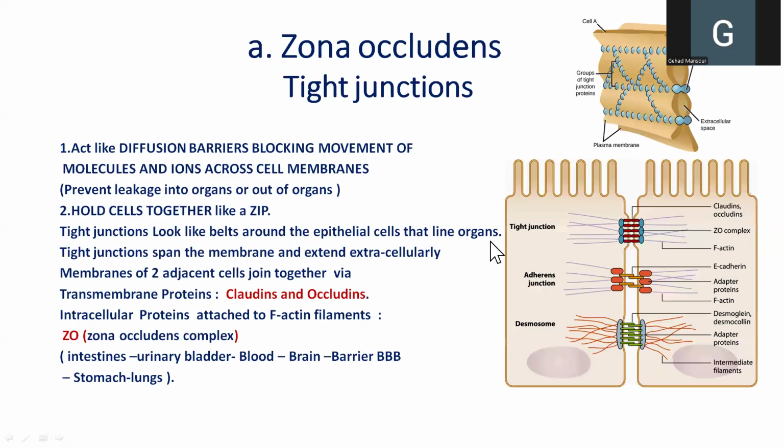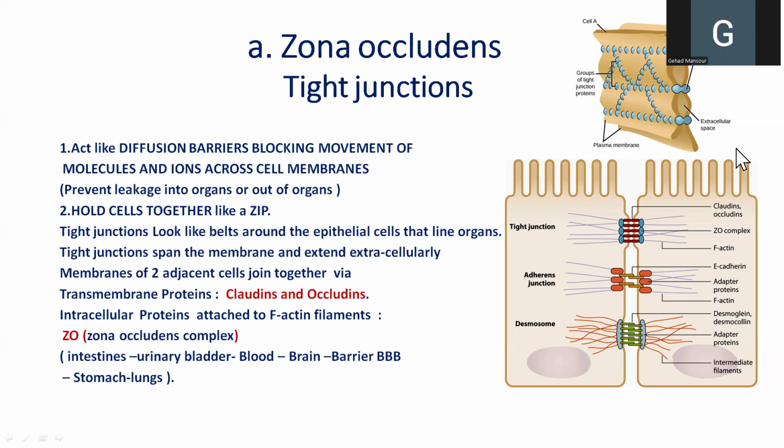So in this slide, we are going to focus mainly on the zona occludens or the tight junctions. This is an external picture of the zona occludens or the tight junctions.